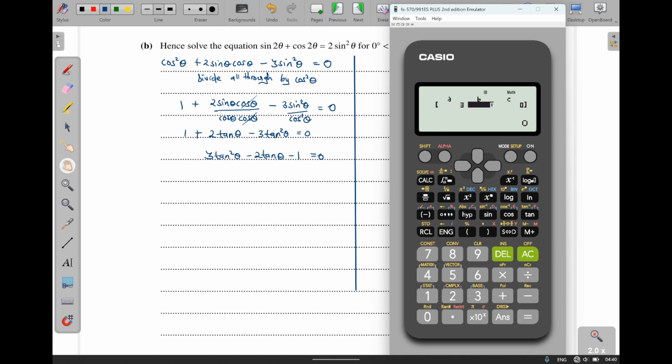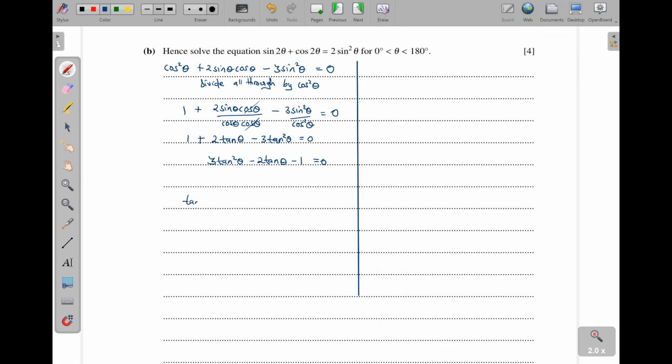So 3, then negative 2, and then negative 1. That is 1, and then negative a third. It is factorizable. So I will say tan of theta is equal to 1, and also tan of theta is equal to negative a third. I always leave space here to show the examiner that I've solved the equation.